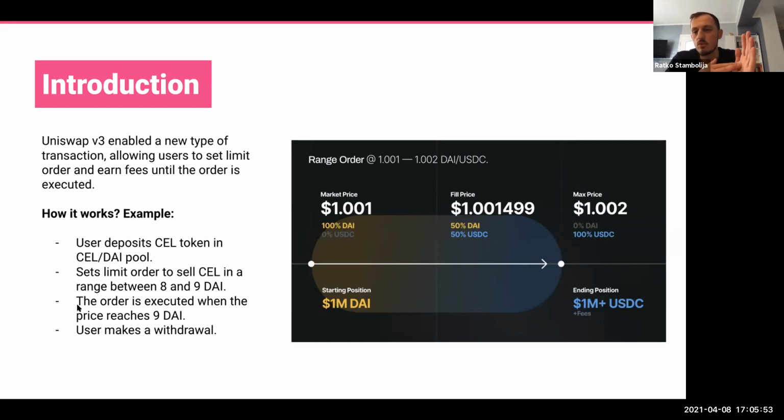As the price moves from 8 to 9 DAI, the percentage of tokens that you hold changes. When the price reaches 9 DAI, you'll have 100% DAI in the pool and 0% CEL. Then the order is considered executed, and the user can make a withdrawal.